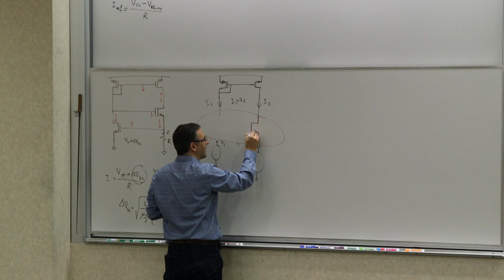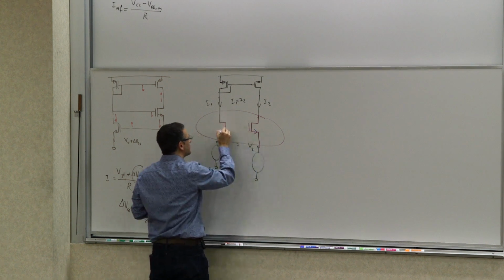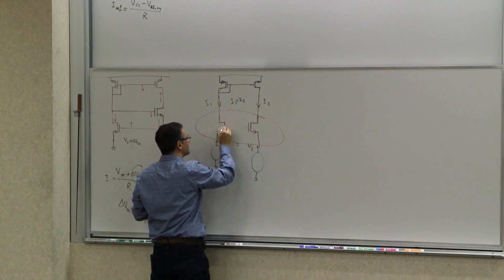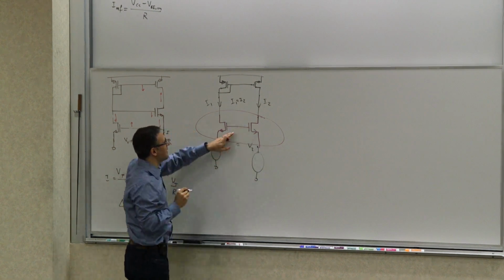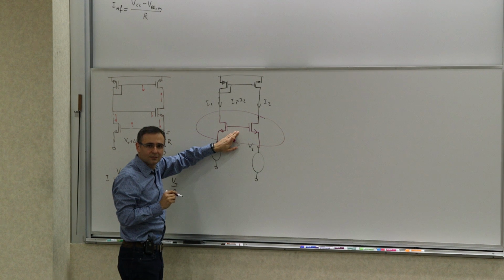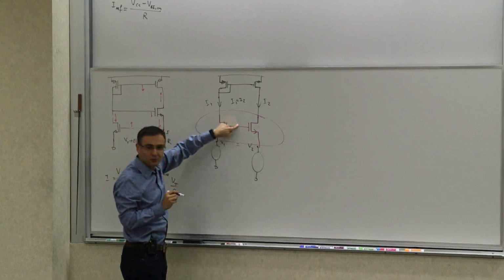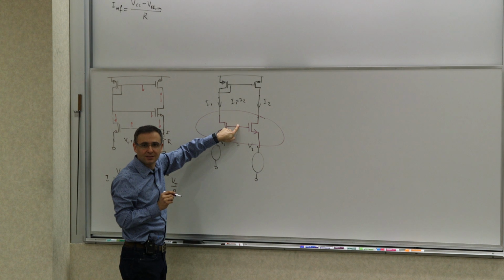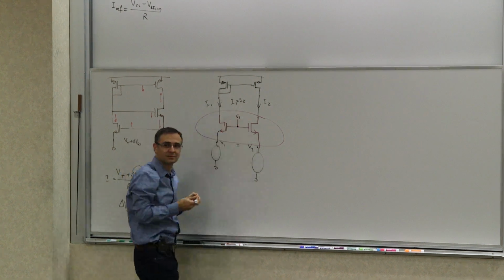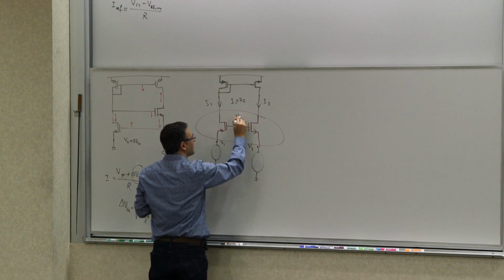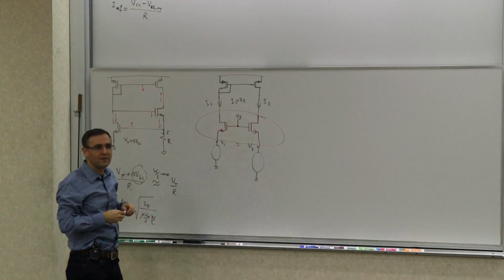Well, this is one way. So let's say they are both sharing the same voltage, right? We'll talk about where to connect this voltage in a second. But let's say this was connected to some voltage, V3.